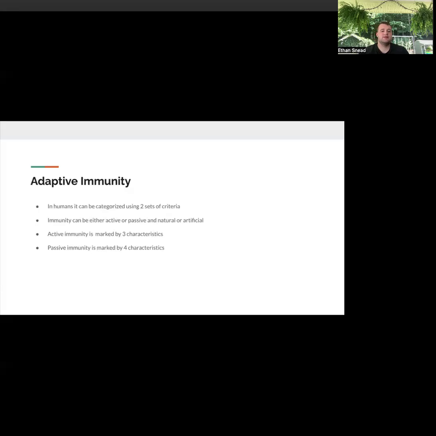Natural immunity is any immunity that arises naturally within the organism through previous experiences with antigens, and artificial immunity is immunity that is induced by medical intervention, either by exposing an individual to an antigen or administering an immune substance.